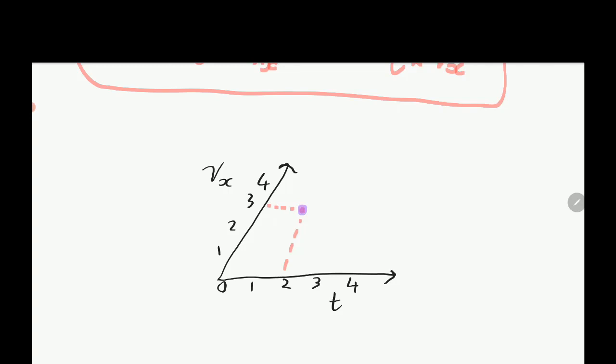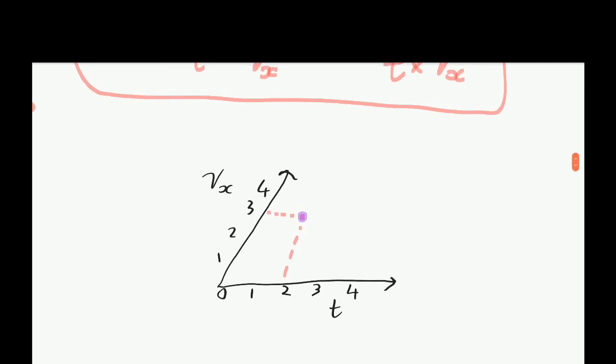And for each such point, we can plot our output, which is going to be the displacement that we get when we're moving at that velocity for that amount of time. So the way that we can visualize this is that we then have a third axis that we might call x, and there's going to be a surface, which I'll visualize properly momentarily. This is really telling us how x depends on t and vx.